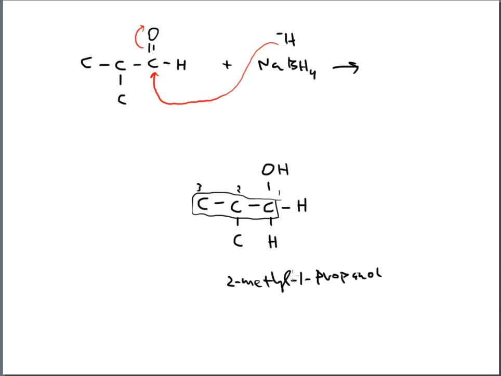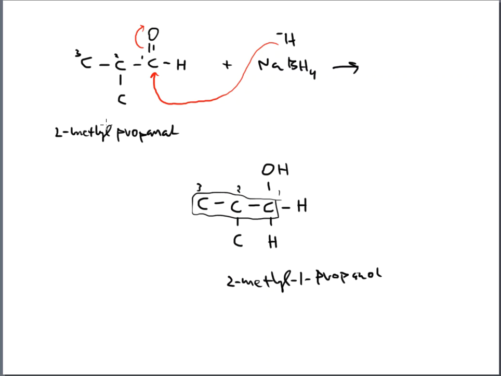If I wanted to name the reagents, well, the question kind of did that for us, but let's do just a quick review, a confirmation on how they got that name. 1, 2, 3. All right, so there is a 3, which is a propane. Drop the E, add AL because it's an aldehyde. At carbon 1, and at carbon 2, and at carbon 3. At carbon number 2, I have a methyl group.